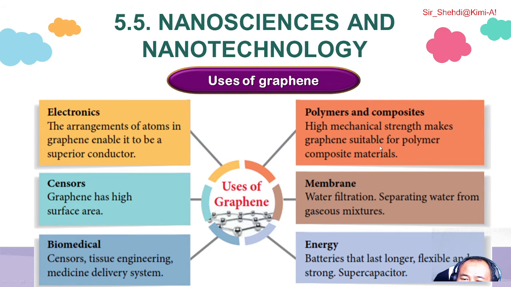Next is polymer and composite. High mechanical strength makes graphene suitable for polymer composite material. Maybe you can create a new very useful material after this, because we have studied polymer in chapter 4. Okay, membrane.